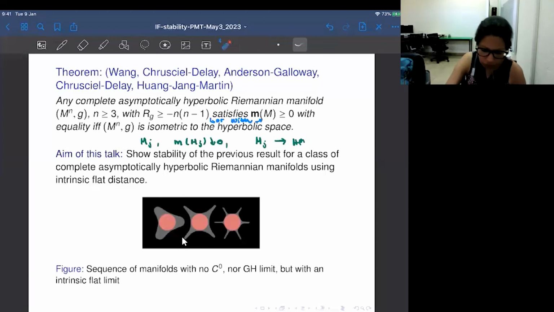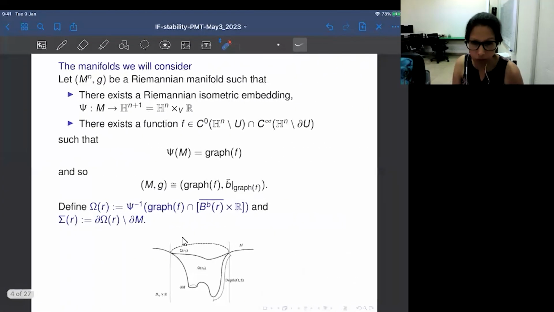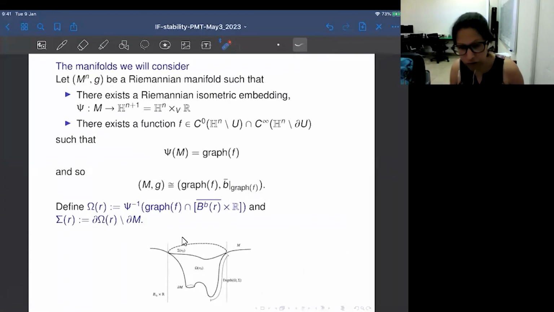So we are going to use here the intrinsic flat distance. And we will define a class of asymptotically hyperbolic Riemannian manifolds in which we will have this as a limit space. Okay, so this is just motivation.